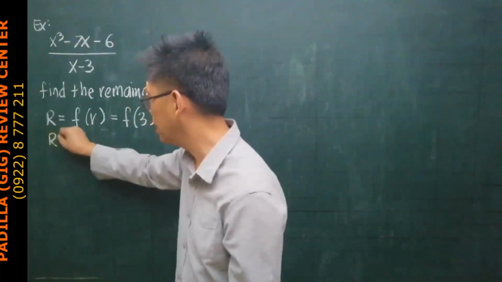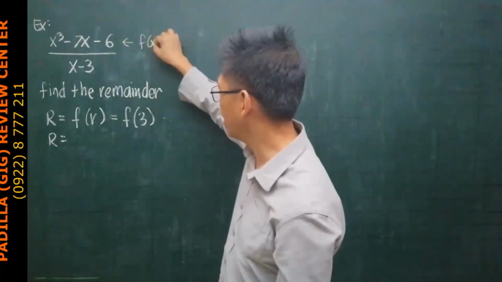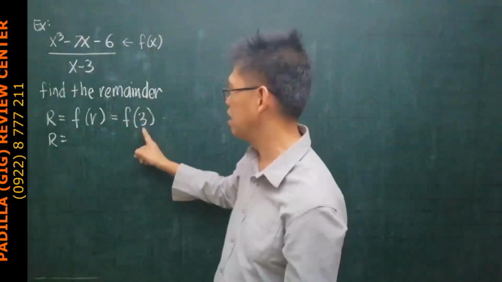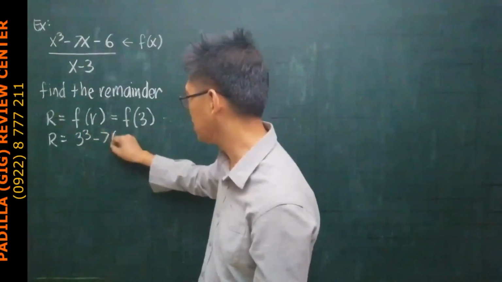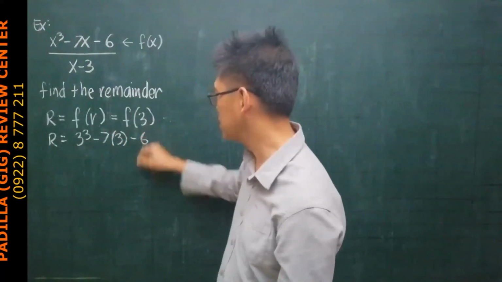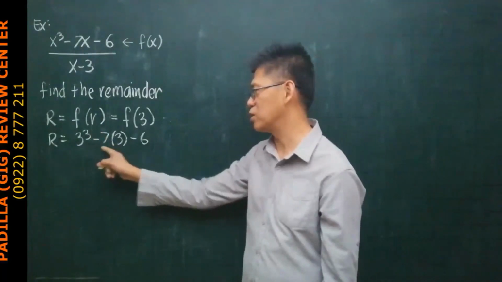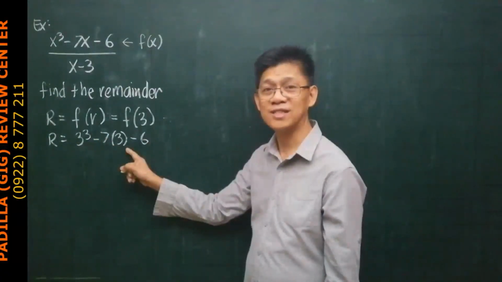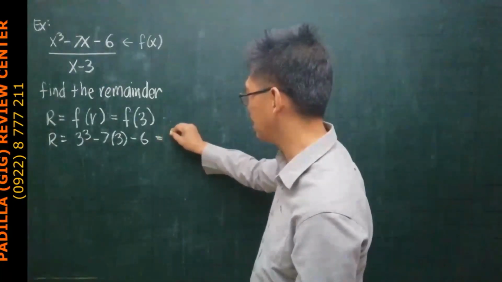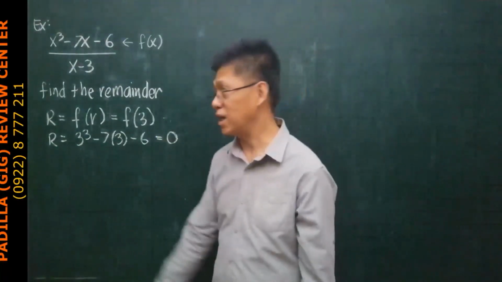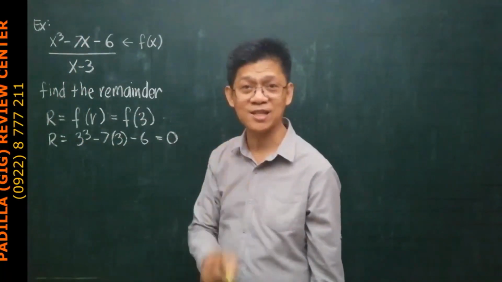F of 3 is f of x, this one, if all x's are replaced by 3. So, you have 3 cubed minus 7 times 3 minus 6. You calculate this, 27 minus 21, 6 minus 6, 0. The remainder is 0. Meaning, when you divide this by x minus 3, the answer is exact.